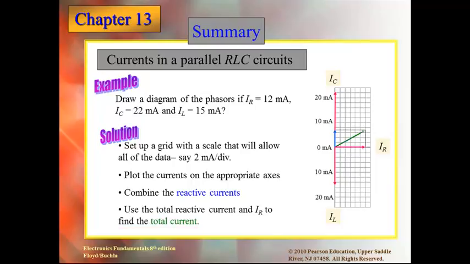Use our Pythagorean theorem to get our total reactive current. In this case, it'd be 12 squared plus 7 squared. Add them together, take the square root. We get our I total. In this case, I total is 16.6 milliamps. So again, you can kind of see it on the phase angle there.